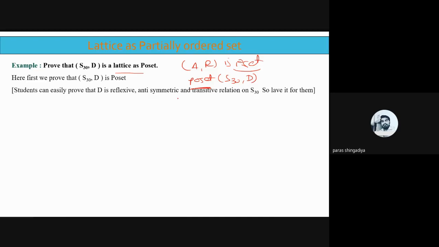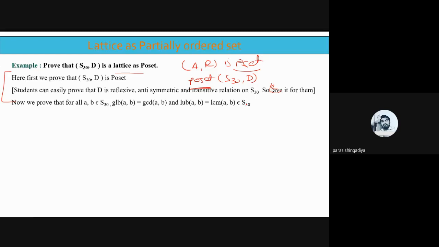So you can easily prove that D satisfies the reflexive, antisymmetric, and transitive conditions. Just try it by yourself. First you have to prove it, and after you can check the GLB and LUB. So leave it for that. Just try it, and for any doubt you can ask me in the next one.